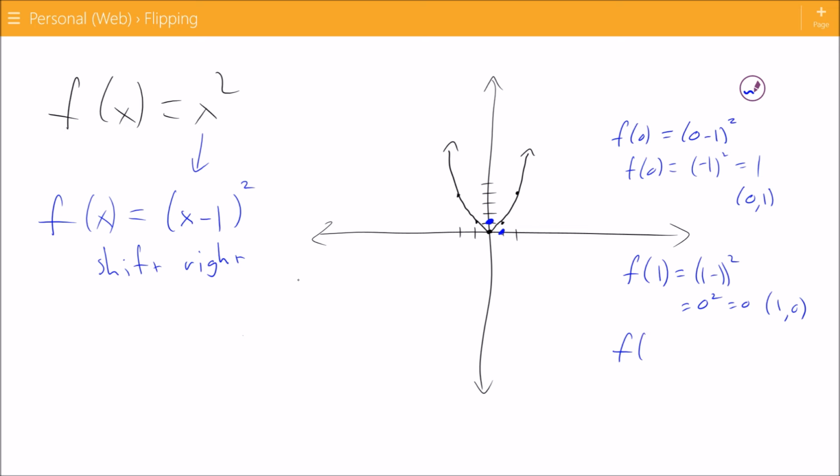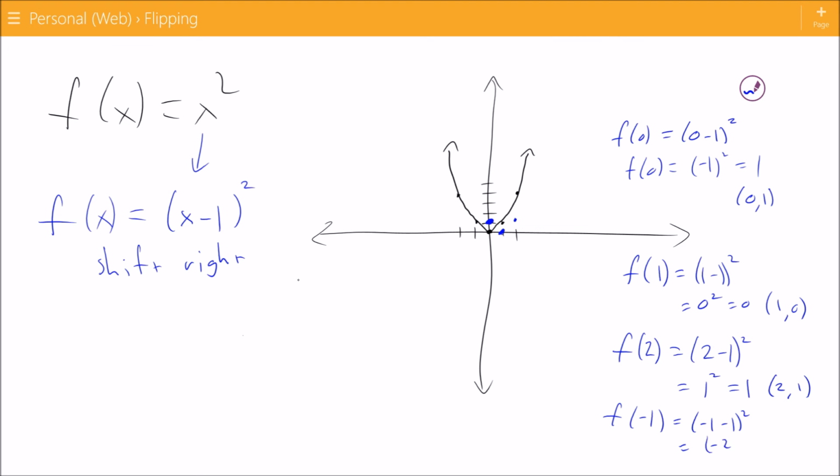All right, f of 2 is equal to 2 minus 1 squared. That's just 1 squared, which gives me 1. New coordinate, 2, 1. And we can continue this process. If I did f of negative 1, that gives me negative 1 minus 1 squared.